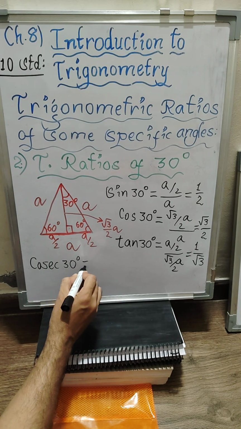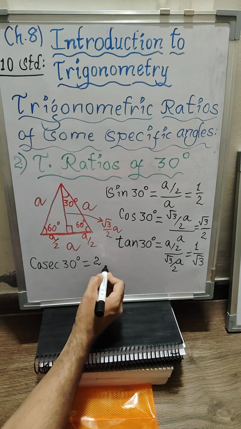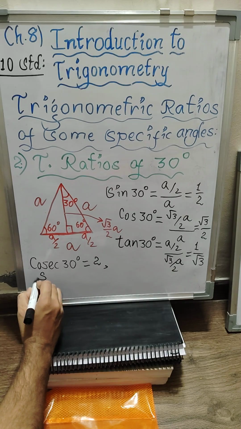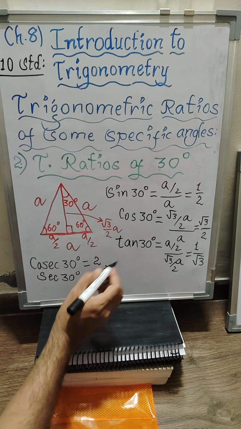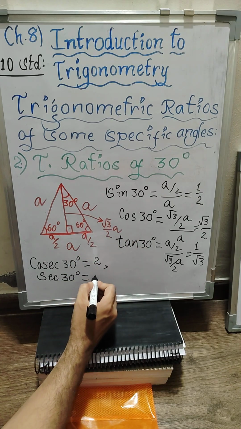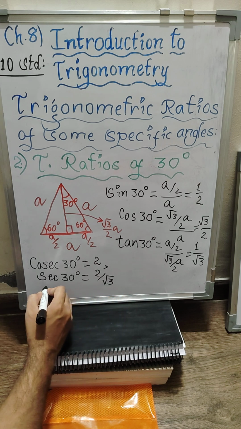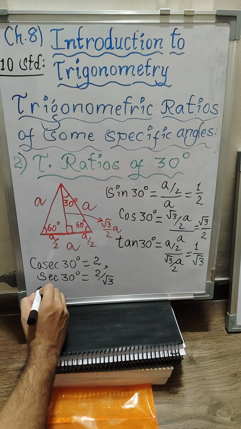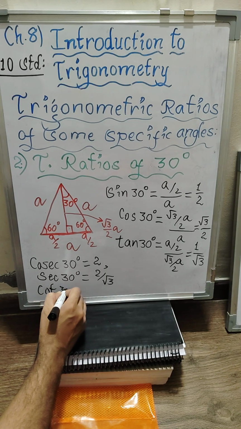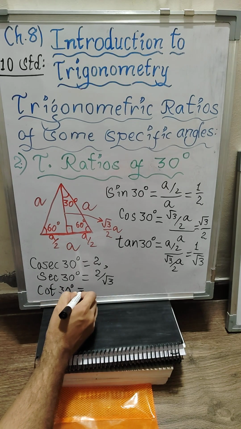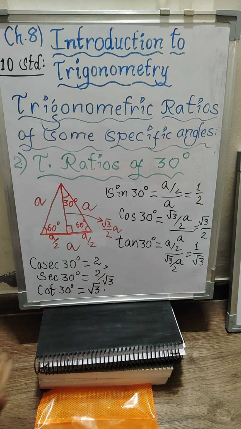Cosecant 30 is a reciprocal of sine 30, 2 by 1, which is 2. Next, secant 30 can be written as reciprocal of cos 30, 2 by root 3. And cot 30 degrees is a reciprocal of tan 30, root 3.